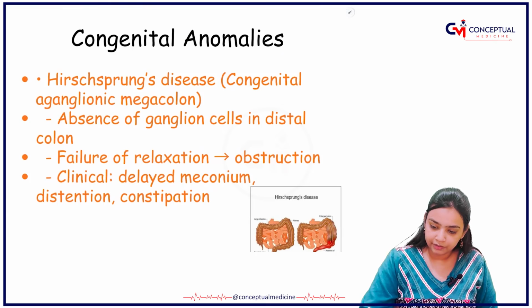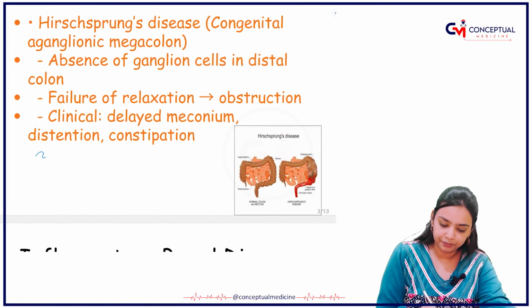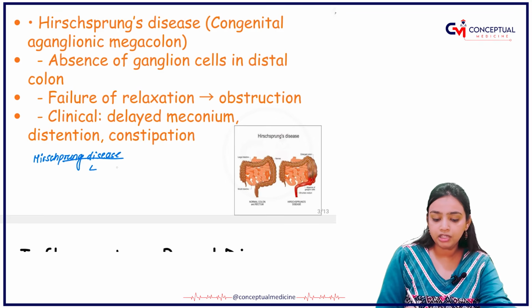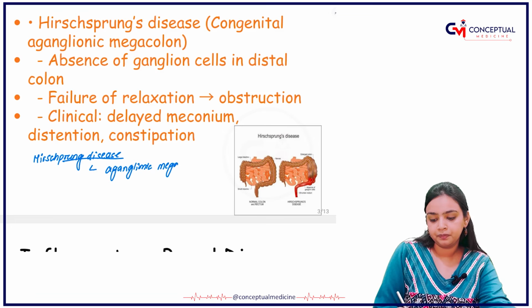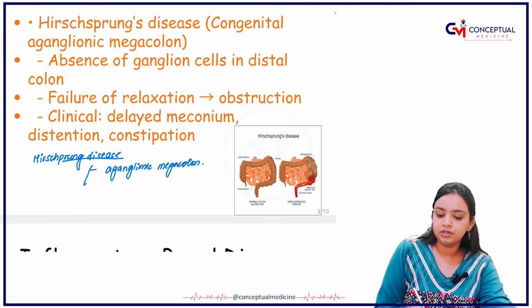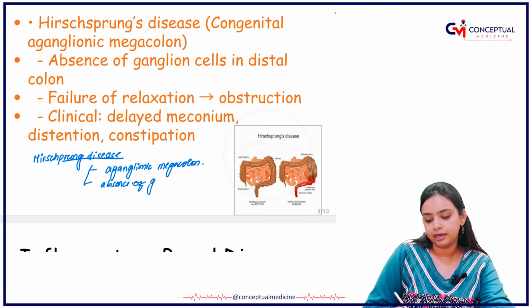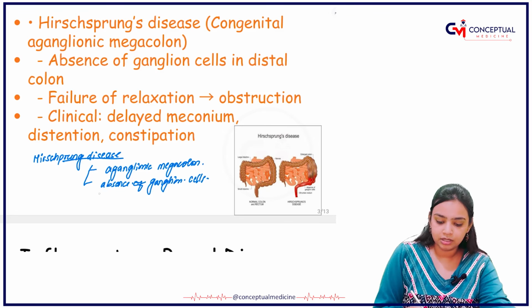Now, listen to me very carefully. The first condition that you have is Hirschsprung disease. So what happens in Hirschsprung disease? There is congenital aganglionic megacolon, as a result of which there is absence of ganglion cells.